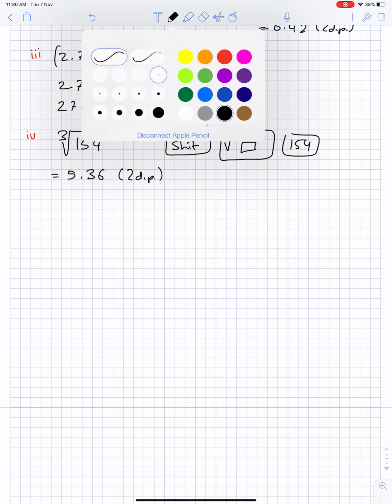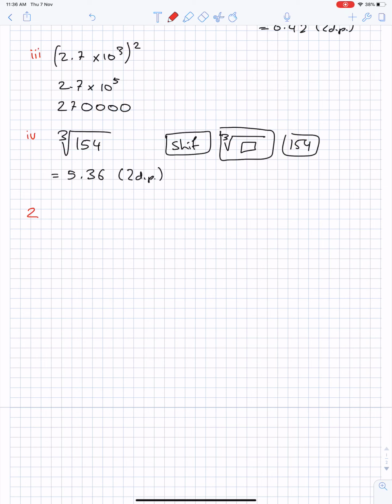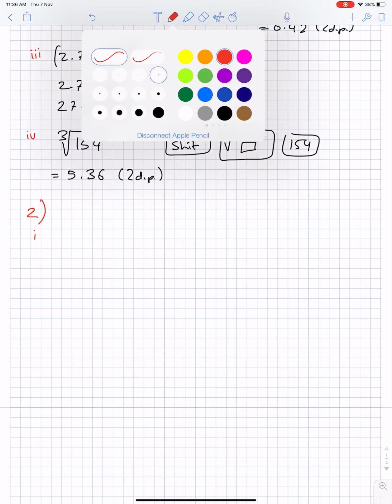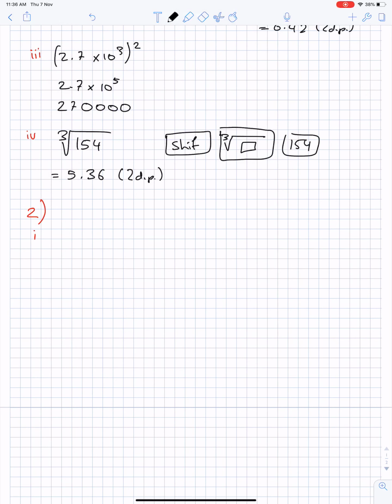Question 2. 2-1. So you've got to write 3/8 as a decimal. So you just do 3 divided by 8 on your calculator, and it'll give you a decimal, which is 0.375.